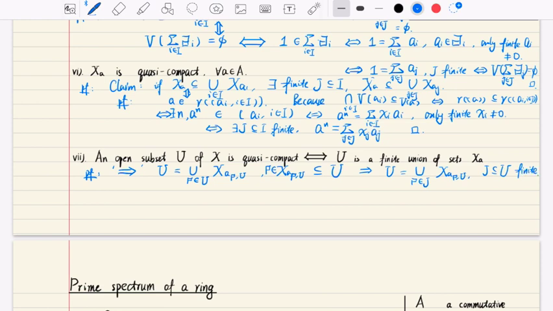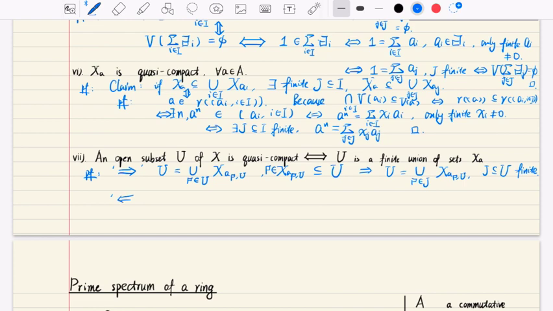Then we just have that U is covered by a finite union of basic open sets. So this is the only if part.